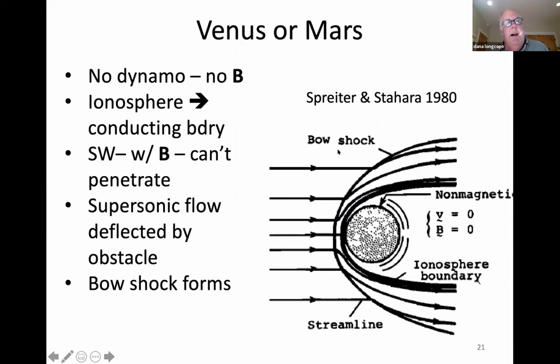This is the same thing that happens in the solar wind. If it hits an object like Venus or Mars, which doesn't have a magnetosphere, that's just like the space capsule. The solar wind is going, say, Mach 8, so much faster than the speed of sound in there. And actually, the magnetic field is fairly weak. So if you look at all the other MHD waves, it's going faster than any of them.